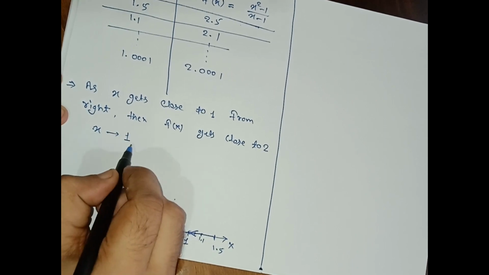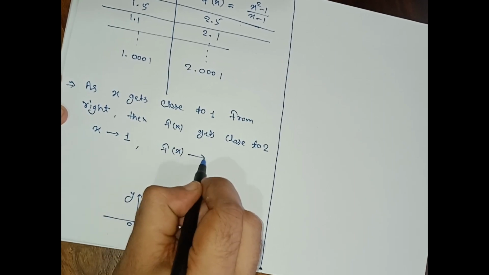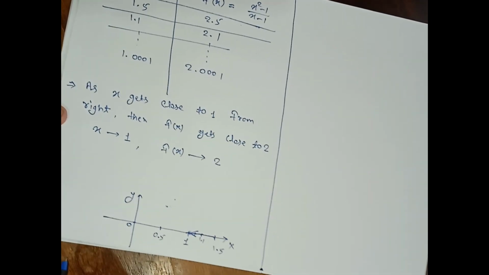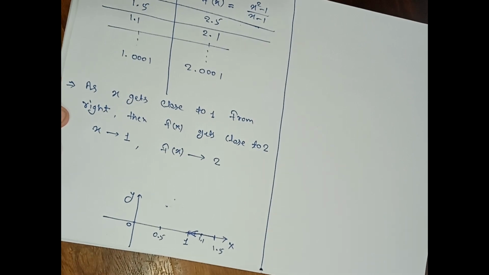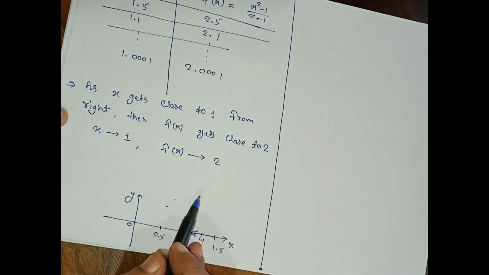As x approaches 1, f(x) approaches 2. At first we saw the approach from left, and then we saw the function gets closer and closer to 2 as we approach from the right.